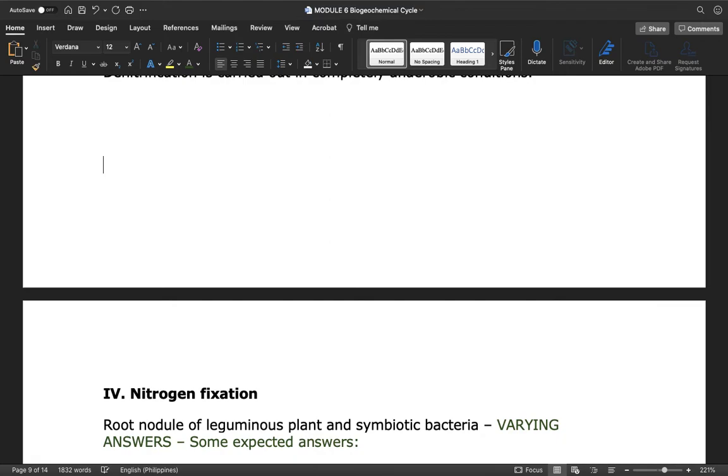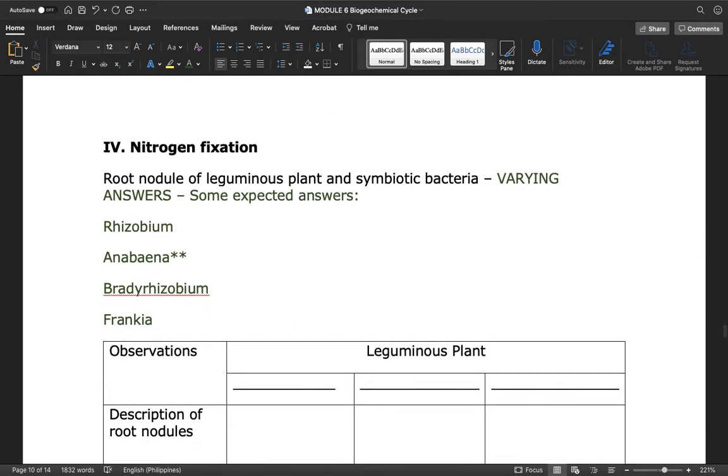Okay? Then last part of our experiment is nitrogen fixation. So here, you're just asked to isolate and observe the organisms that are capable of symbiotic or biological nitrogen fixation, and observe also organisms that are capable of free or non-symbiotic nitrogen fixation.